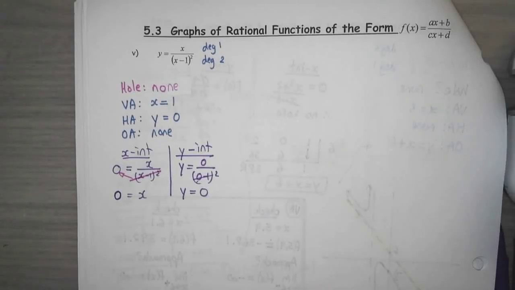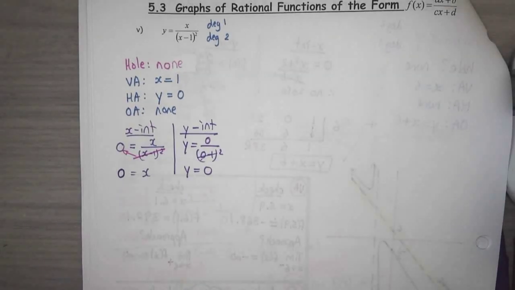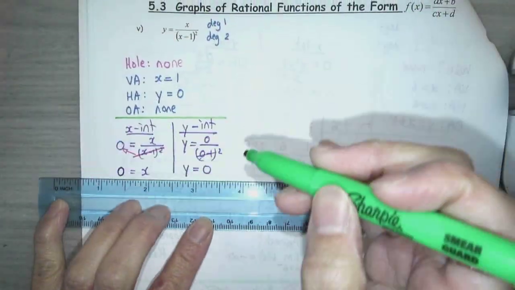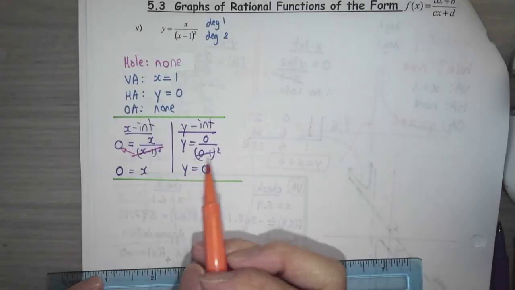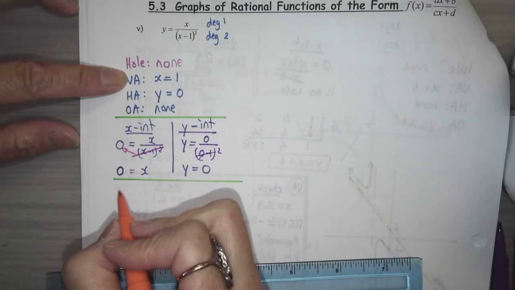We are going to get the domain. I'm just going to put some lines here so you can see my answers. For the domain, I always look at restrictions. Restrictions always come from the hole and the vertical asymptotes.